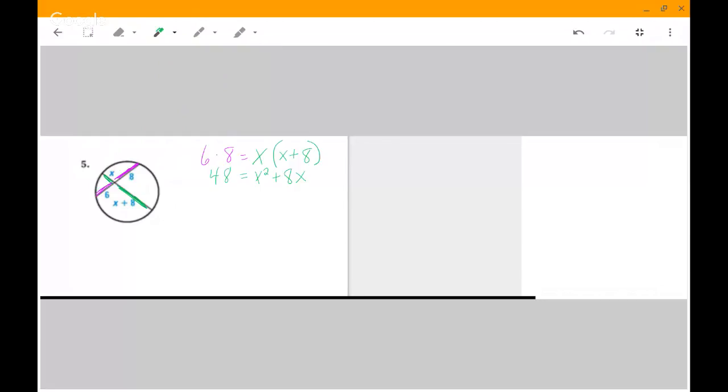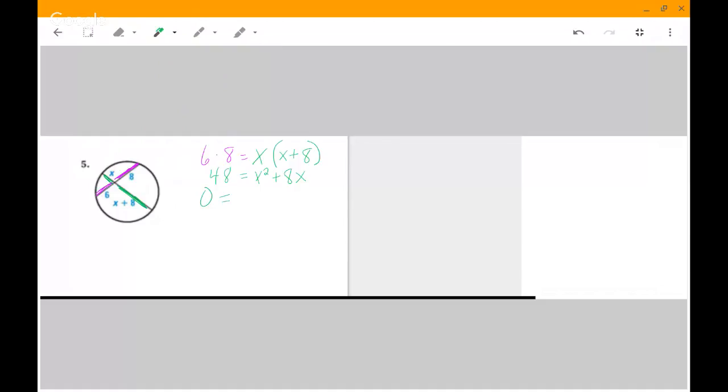It just is a kind of a common practice to try to keep that positive. We like to stay positive, right? So 0 equals x squared plus 8x. And then move the 48 to the other side, makes it a negative 48. Okay.